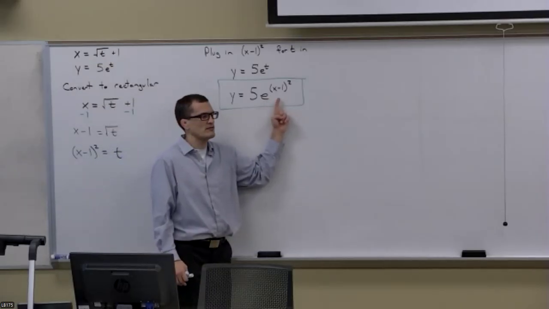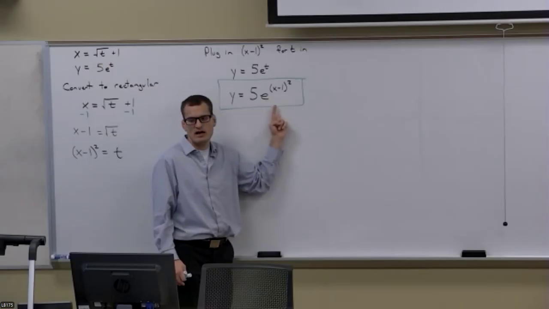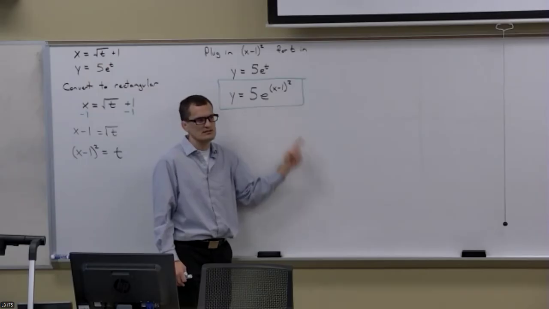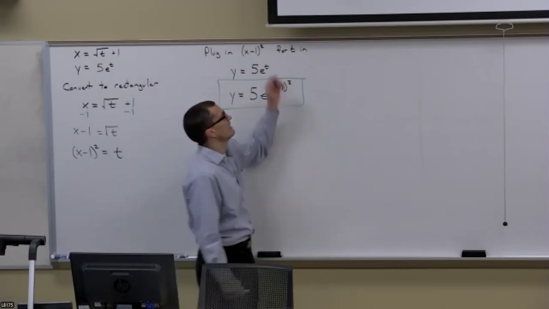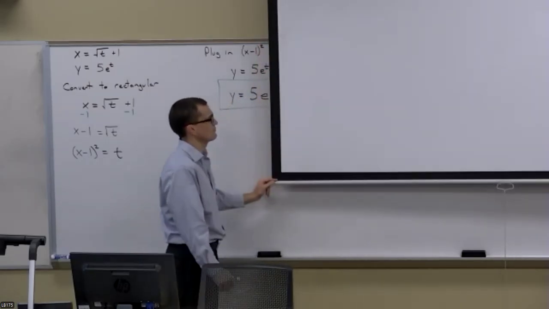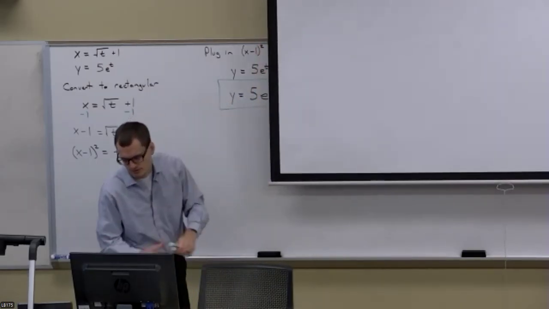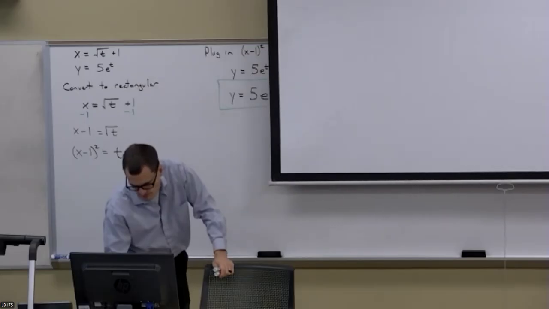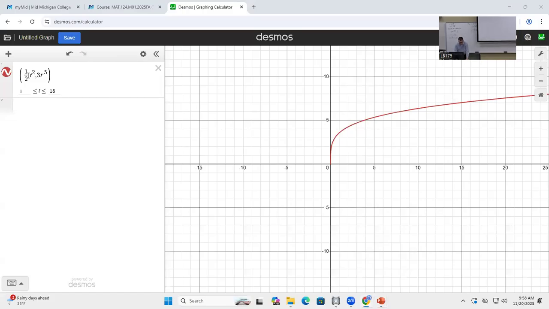Over here, if I just graph the rectangular equation, I would not have that domain restriction. Everybody see that? And you can see this if you graph both in Desmos, for instance. I'm going to use the calculator graph, I'll use Desmos.